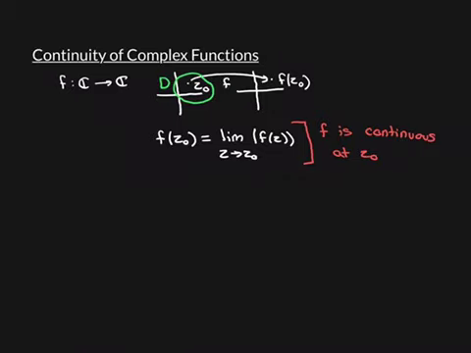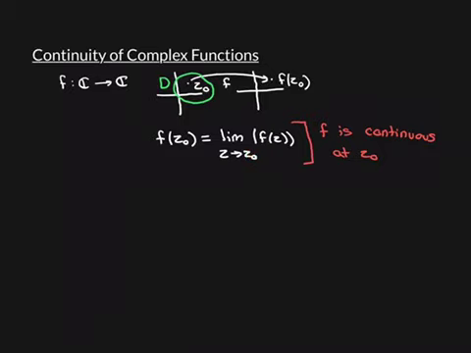That's the strict definition. Let's now just explore a little bit what this means. And this is completely intuitive as long as you understand what the concept of a limit was. Remember, we discussed limits in the previous video in the playlist on complex analysis, and we saw that what a limit means is what you expect the value of the function to be as you get closer and closer to z0.